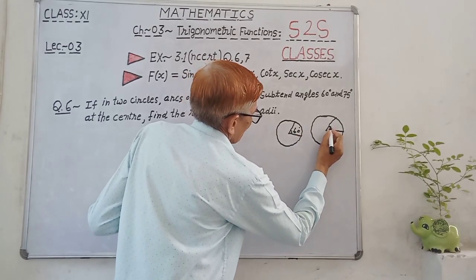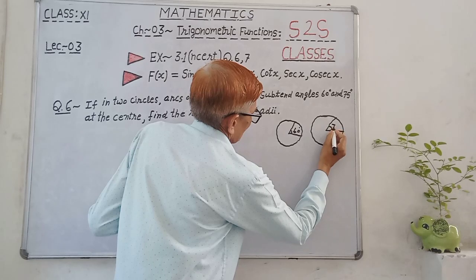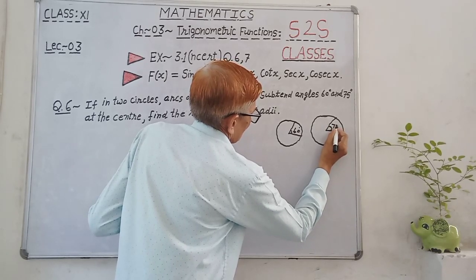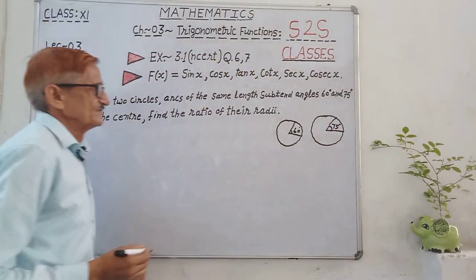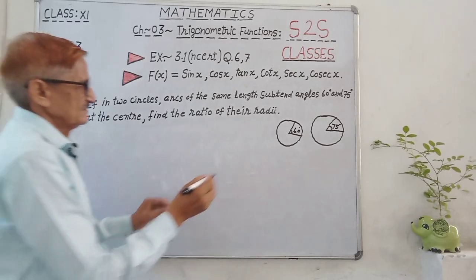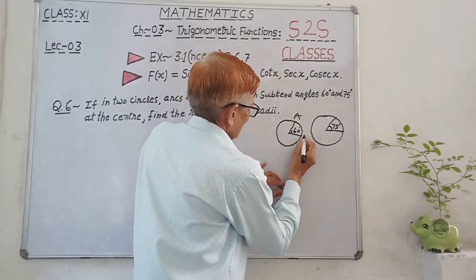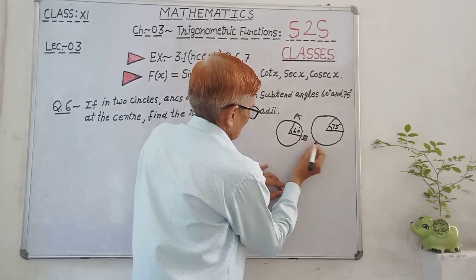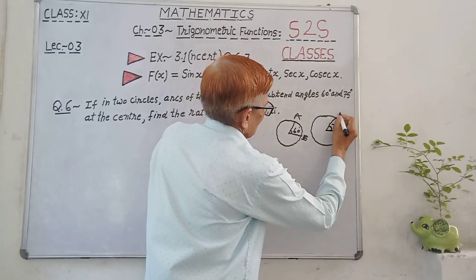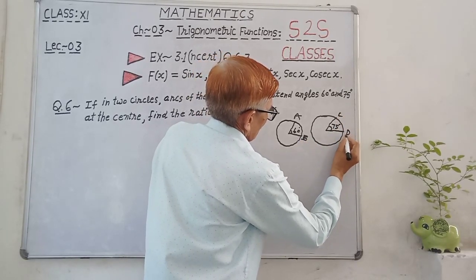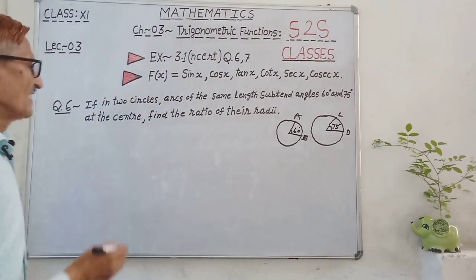This is given. The length of arc in the first circle, arc AB, and in the second, CD, these lengths of arc are equal.